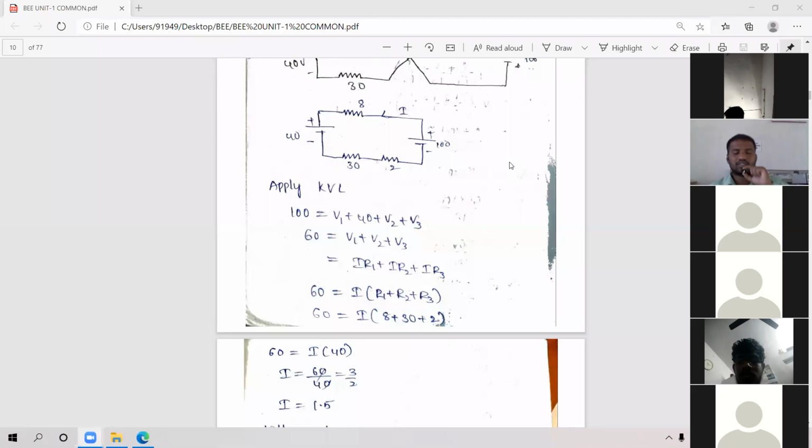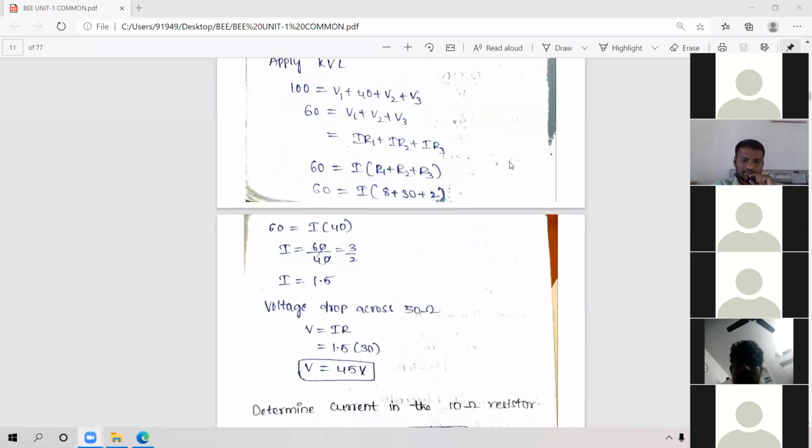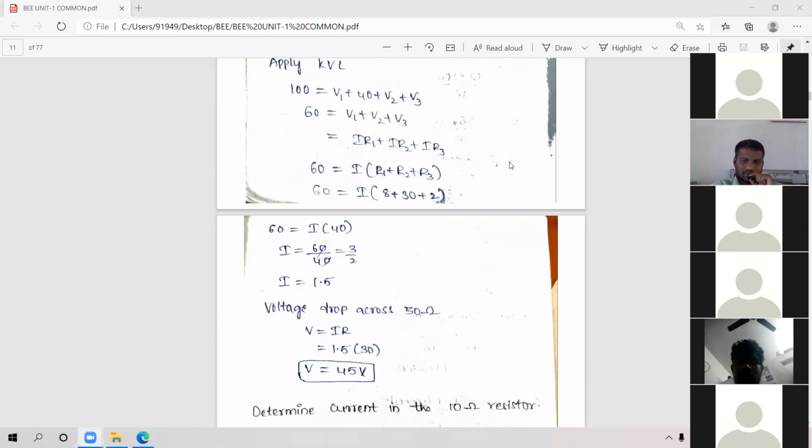We know Ohm's law: V is equal to I into R. We know I is 1.5. Sir, 45. 30 into 1.5, that is 45. 1.5 into 30 is 45. Okay, correct.